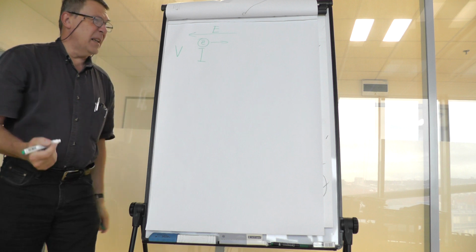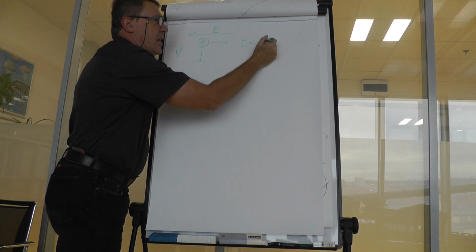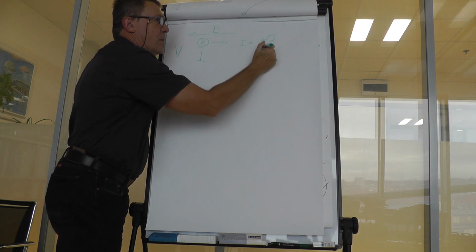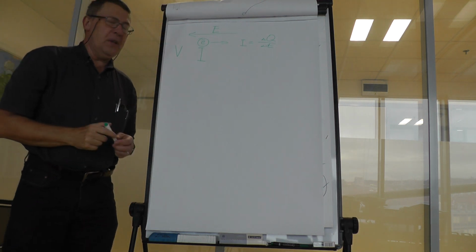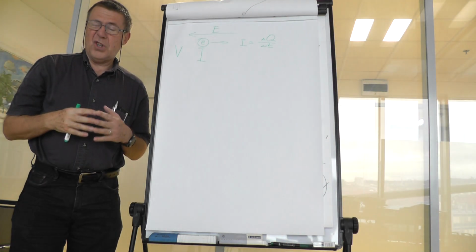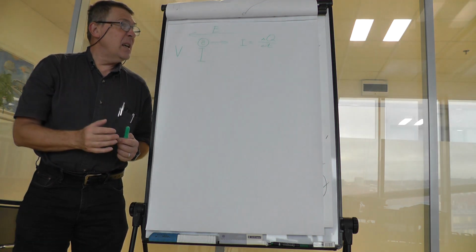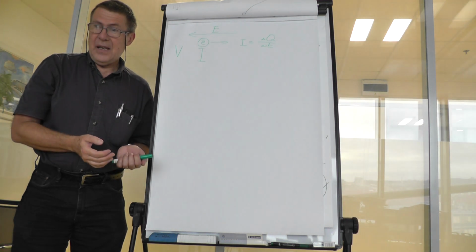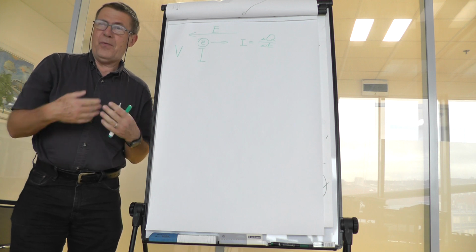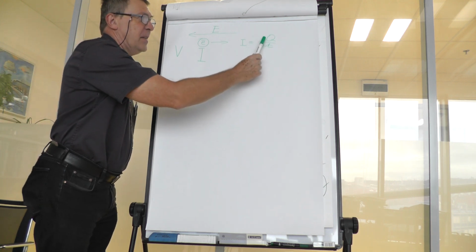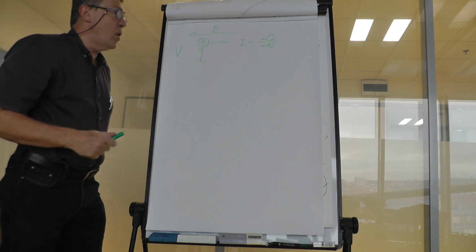Or we can define it differentially, like I is delta Q over delta T. So if we divide the electric charge that has passed the cross-section of a conductor by the time in which that has been done, we will get electric current. And if we want to make it very precise, then we can limit delta to 0, with the exception we noted at the beginning of the course.